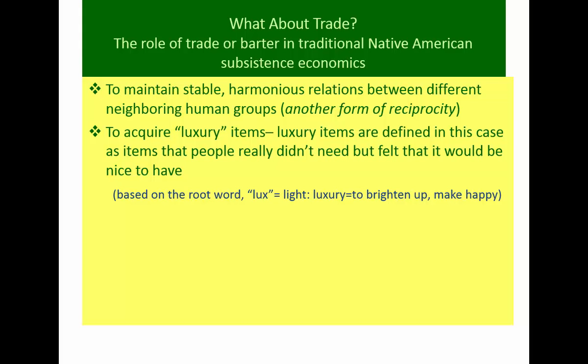So the people on the borders and further out there would have an abundance of fur-bearing animals and a lot of hides, and they'd bring those to a point in between where they lived and the coastal peoples, or they would go to each other's places and share their respective abundance with each other.